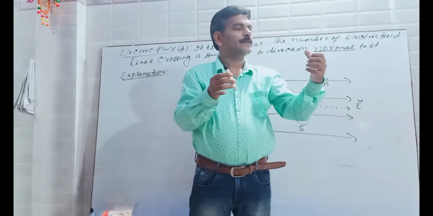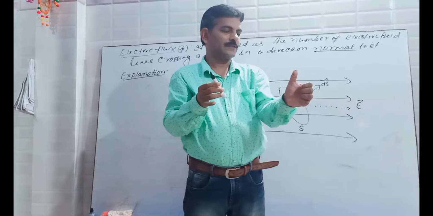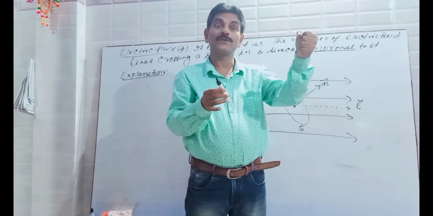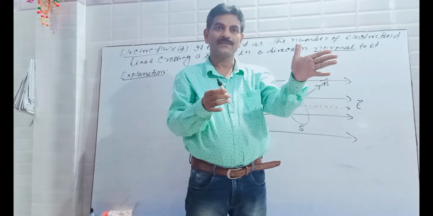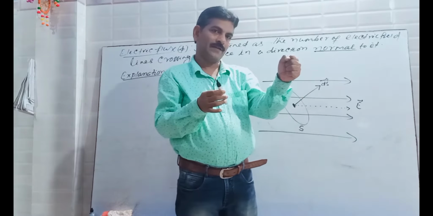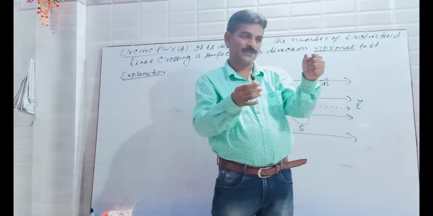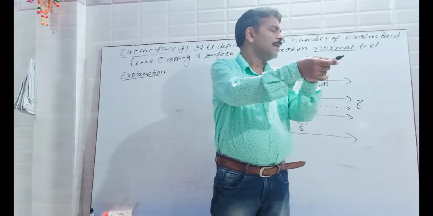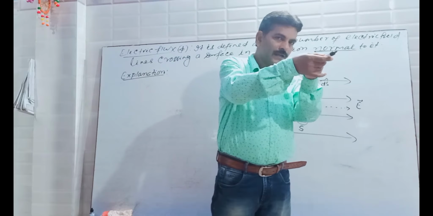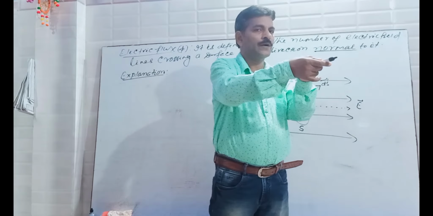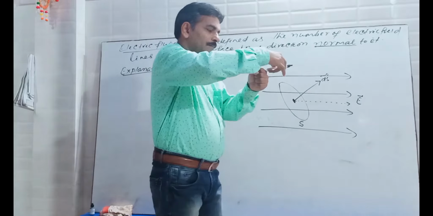If my palm is curved just like a cylinder, now it becomes a closed surface. This is an open surface; now it becomes a closed surface. Then what will be the area vector? It will always be the outward normal.